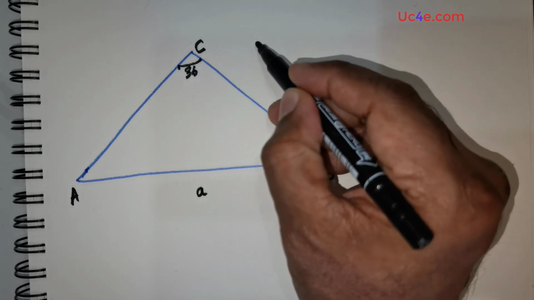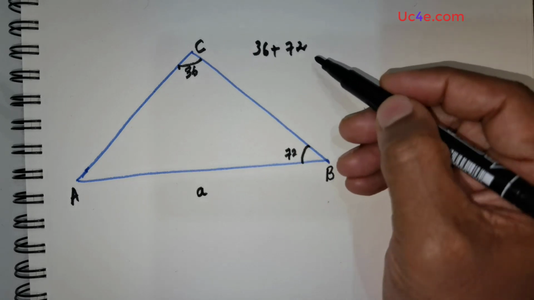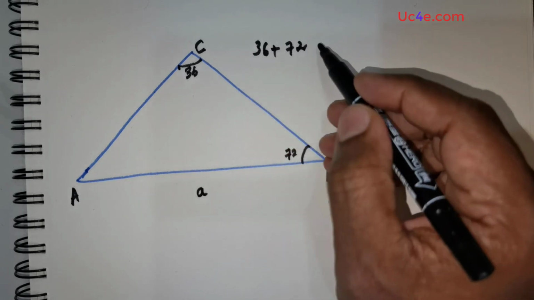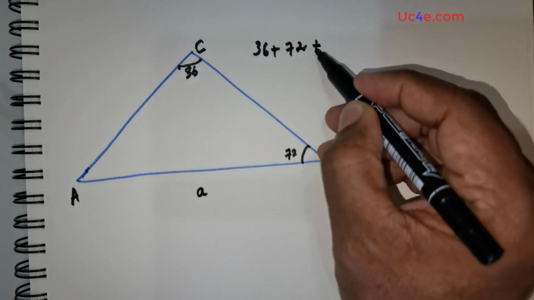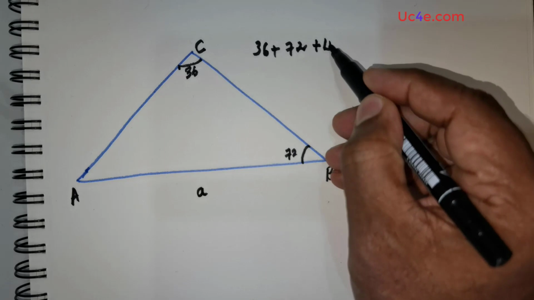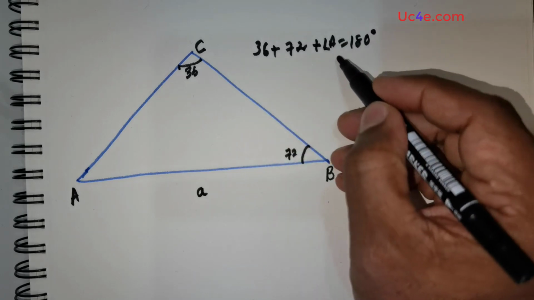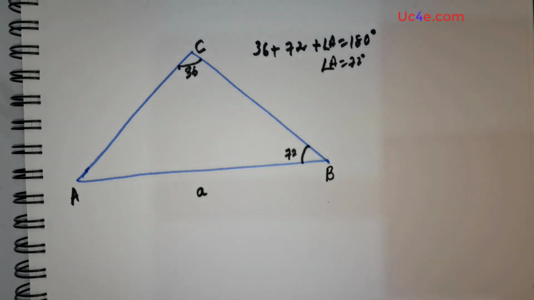So you got 36 plus 72, and you get 108 degrees, and you need to get the angle A, and that has to be all summed up to produce 180 degrees. So therefore angle A is going to be 72 degrees.